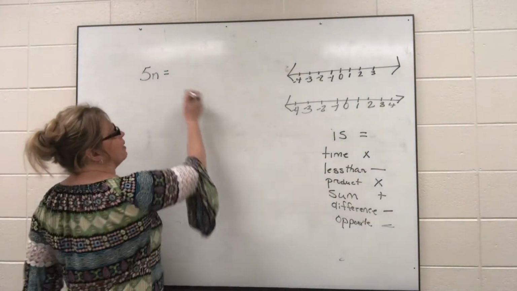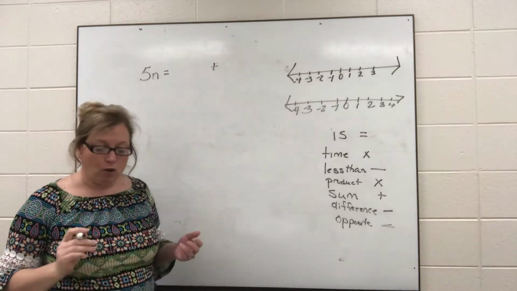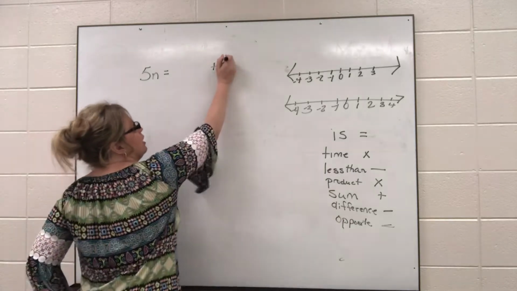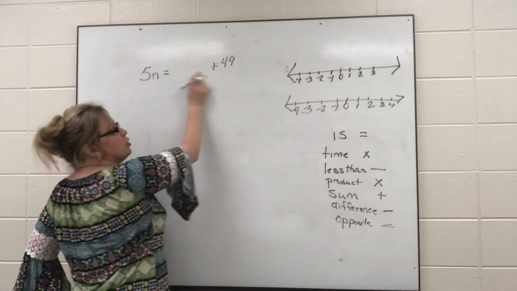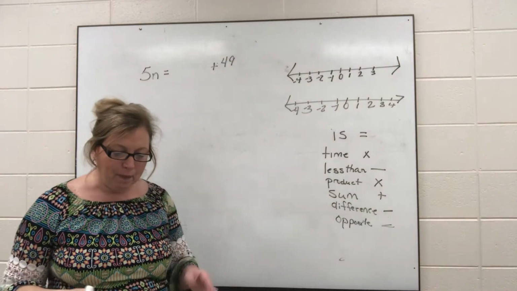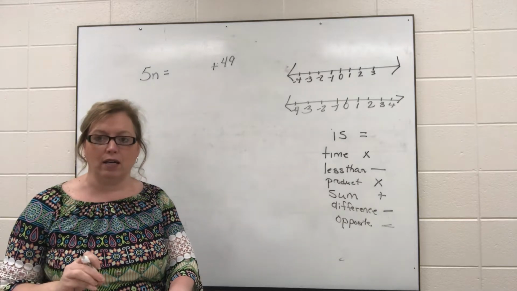So we're going to add, but we don't know what we're adding it to. So we're going to put 49 greater than. Put your 49, but make sure you leave a space because we've got to figure out what it's greater than. It says that it's greater than the product.